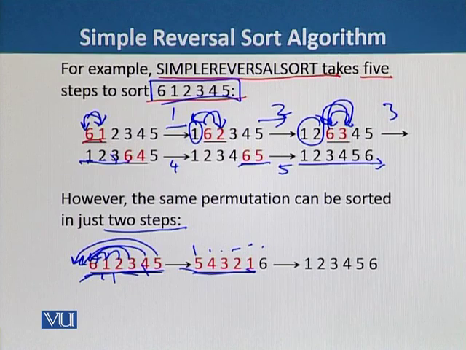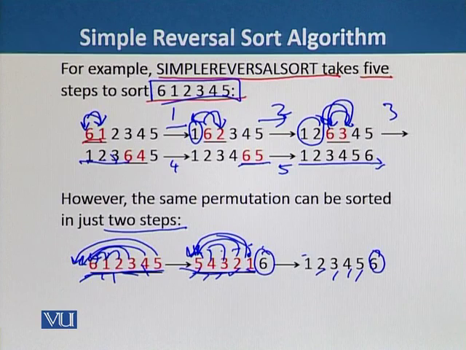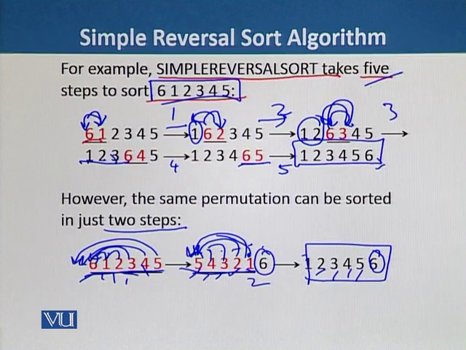So in the second step, we will permute 1, 2, 3, 4 and 5. And we can see here that 1 will come in the first position, then 2, then 3, 4 and lastly 5, and 6 is already in the last position. So in only 2 steps, we get the same answer as we got previously by using 5 steps.